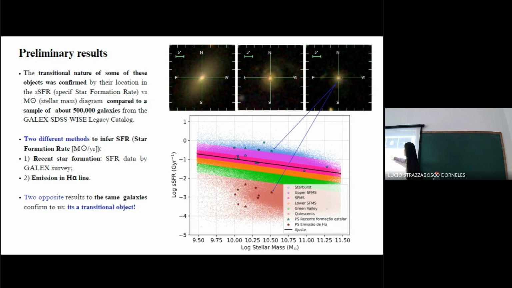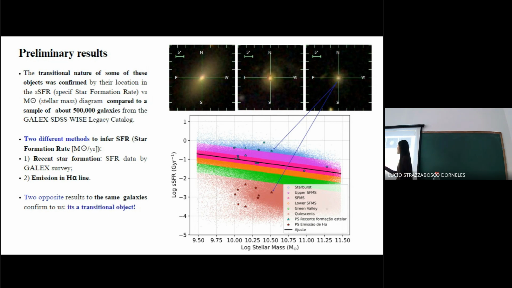One method takes into account the recent star formation, the Balmer series, and the other takes into account emission in the H alpha line. Our galaxies have, at the same time, recent star formation and little H alpha.